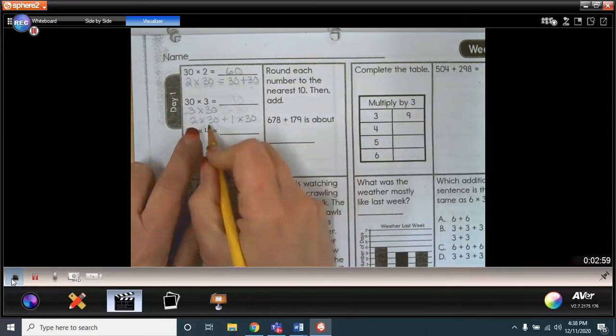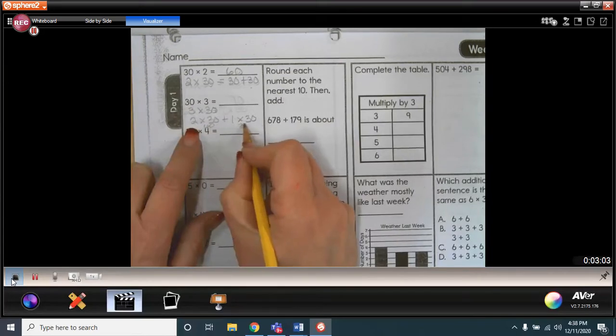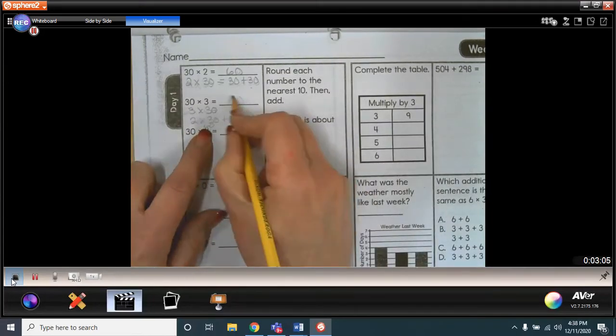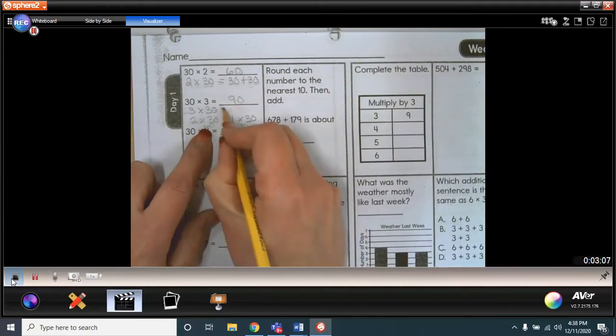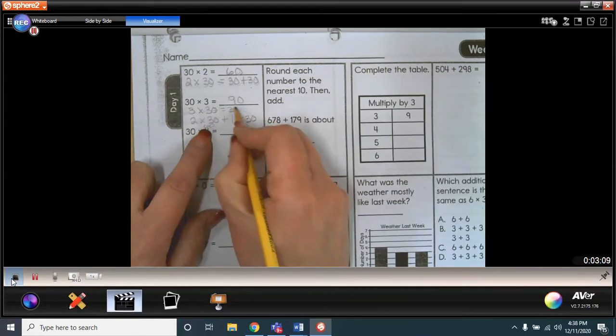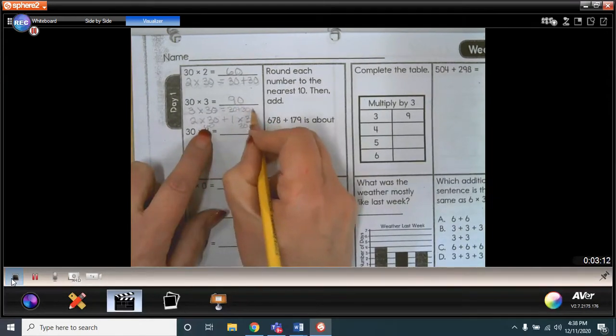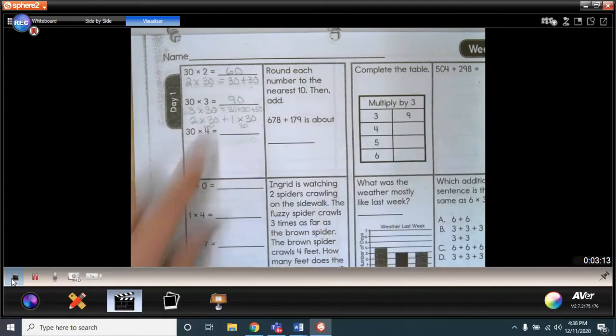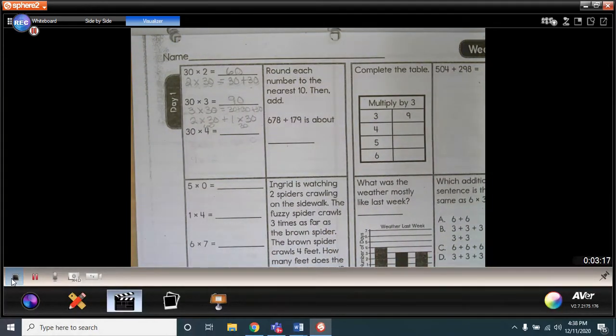So I know that 2 groups of 30 is 60, plus another group of 30 is going to give me 90. Or I could add 30 plus 30 plus 30. So I'm showing that repeated addition with my multiplication.